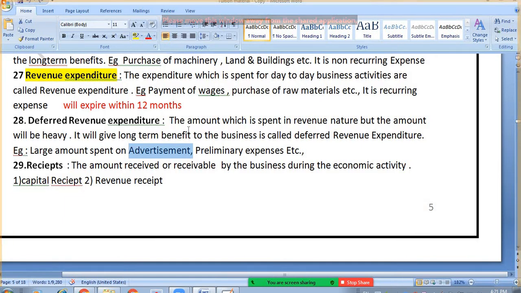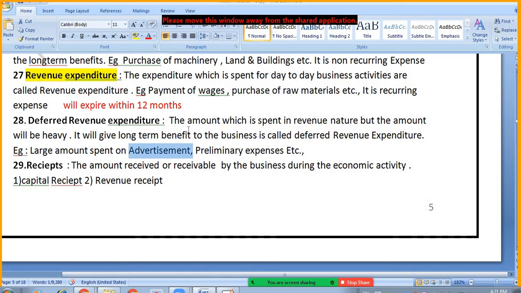But if we spend a lot of money on advertisement, our business cannot receive anything in return as an asset.